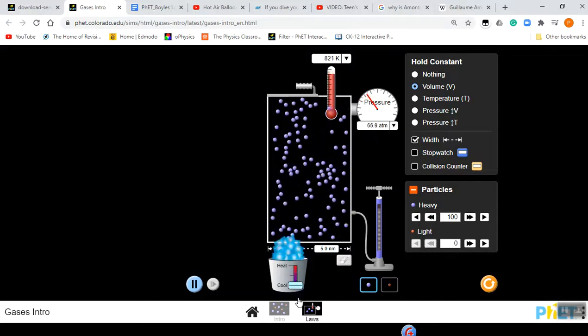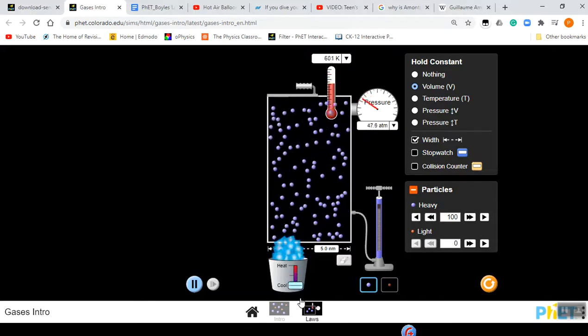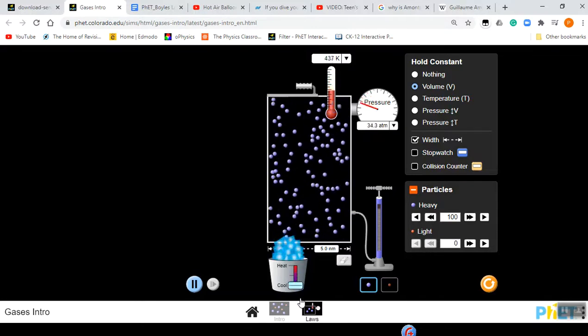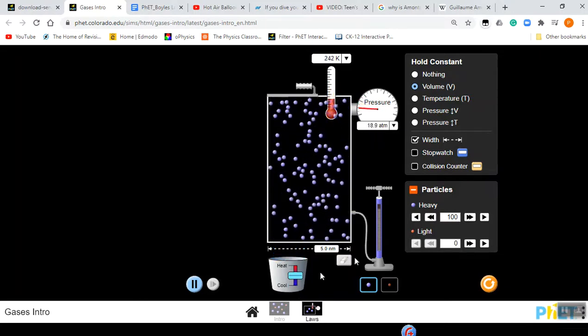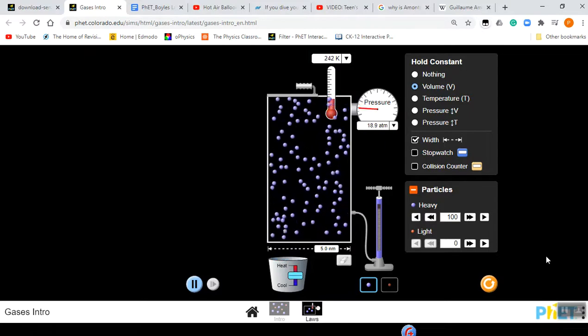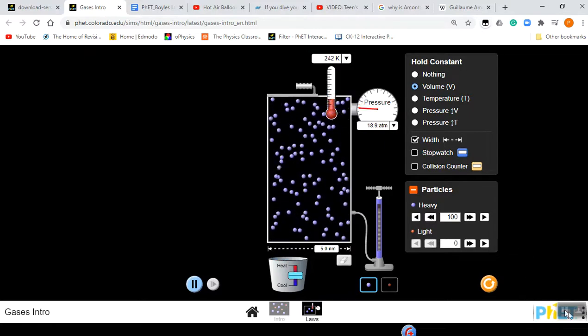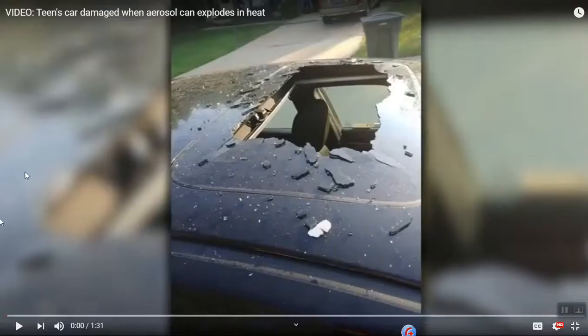If I cool it down, the particles collide less, and therefore there is less pressure. So the higher the temperature, the higher the pressure, the lower the temperature, the lower the pressure. So in this video we will see what happens when you heat up a deodorant can or aerosol can.